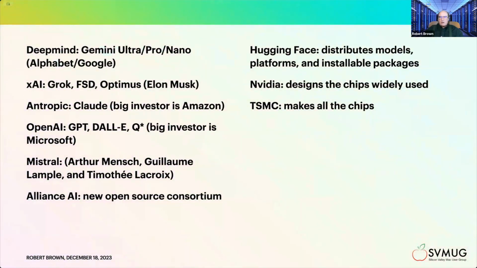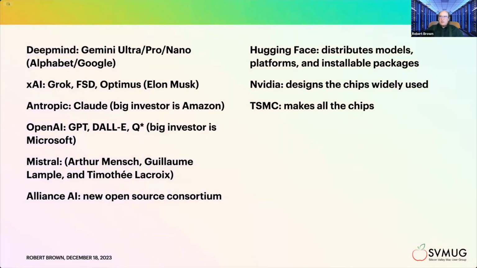And we'll see how well that goes down. Over on the right-hand side, I wanted to mention Hugging Face. If you ever wondered where you can go to get models and packages and so forth for playing with AI, that's the place to go.